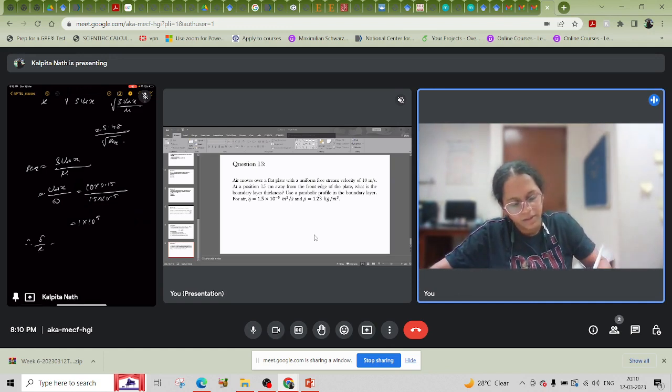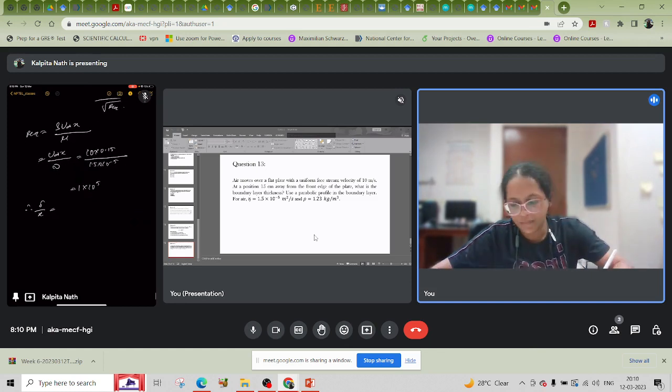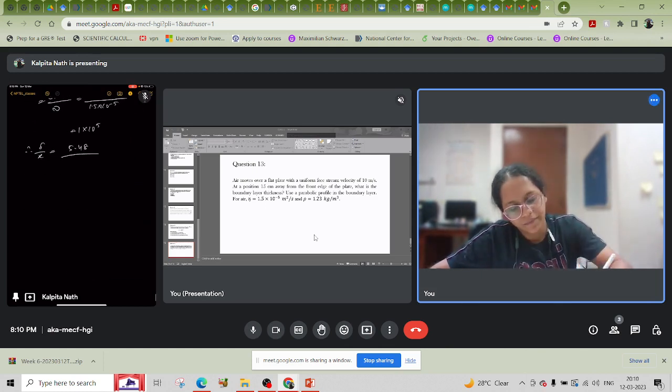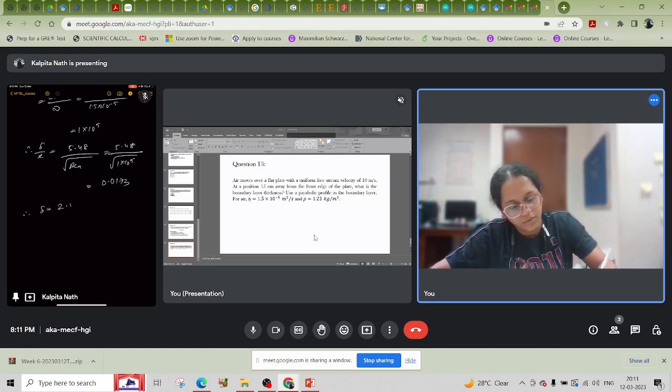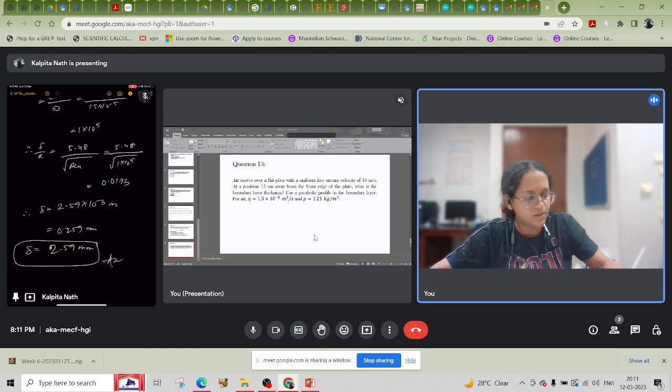Therefore, delta by x is equal to 5.48 by root over Reynolds number, 5.48 by root over 10 to the power 5, is 0.0173. Therefore, delta is equal to 2.59 into 10 to the power minus 3 meter, is equal to 0.259 centimeter. Delta is equal to 2.59 millimeter. This is the answer.